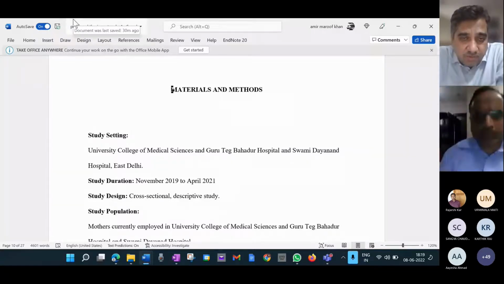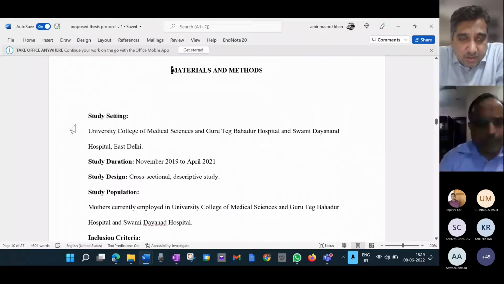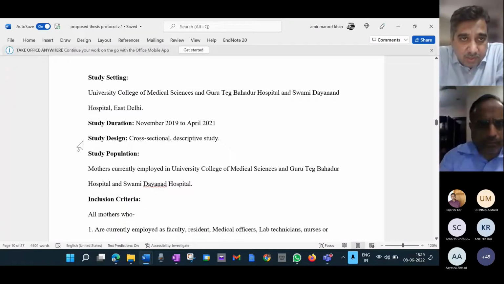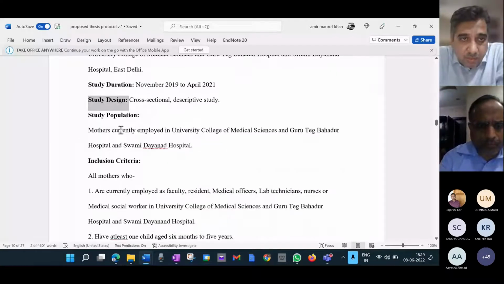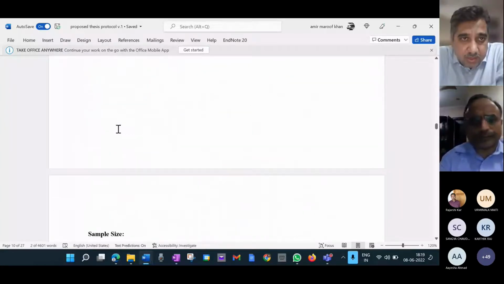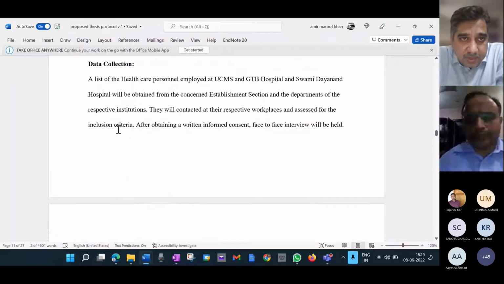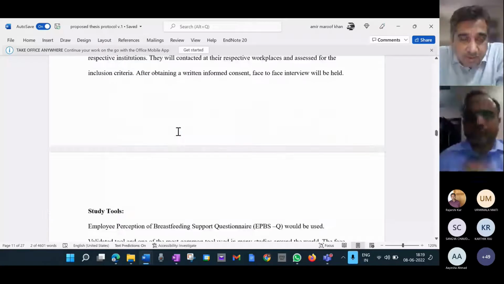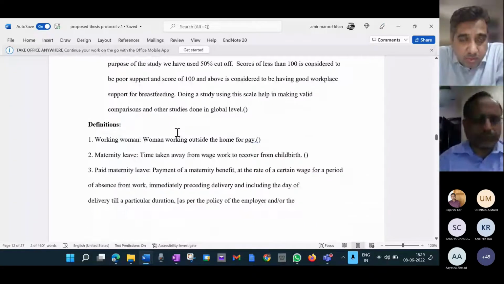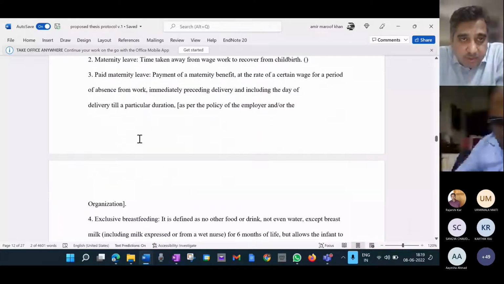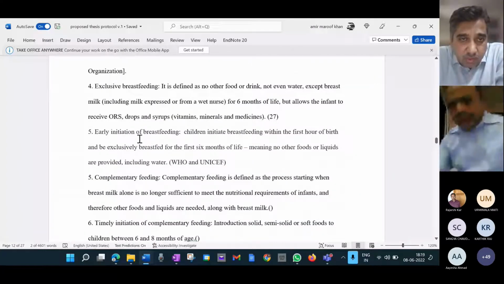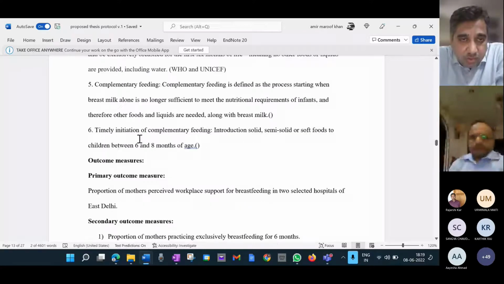It will differ obviously from context to context, but the broad outline will be the same. So the first part, when we start, is the study setting: as Dr. Rajarshi mentioned, the place of study, the duration, and the design of the study will be discussed. The design of the study will be discussed in the next session by Dr. Dheeraj. Then study population, inclusion criteria, exclusion criteria, sample size, sampling technique, how data collection will be done, and study tools: what questionnaires will be used, and what definitions are used in this study, which you can give with references, or if you want to have your own definition for the purpose of your study, you can do that.